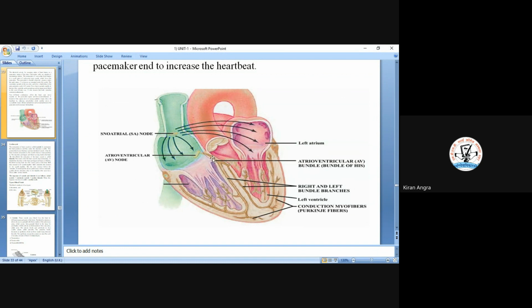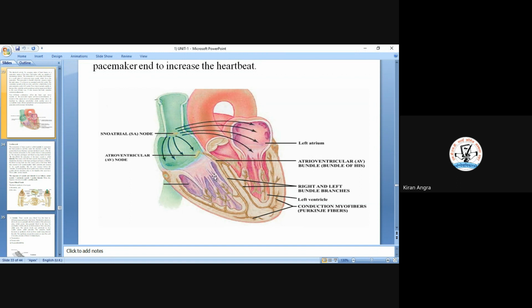From this it reaches the tip of the ventricle, and then it spreads upwards to squeeze the ventricles so that the blood is pushed out in the most efficient way. It ensures both ventricles contract simultaneously. First the atria contract, and then the ventricles contract after a few seconds.